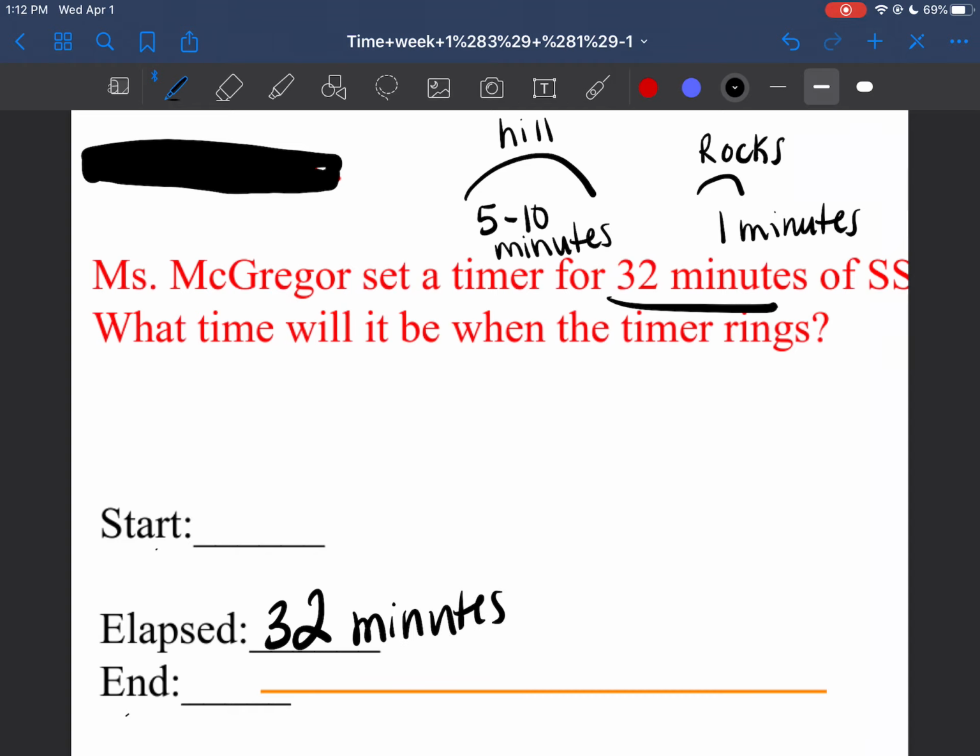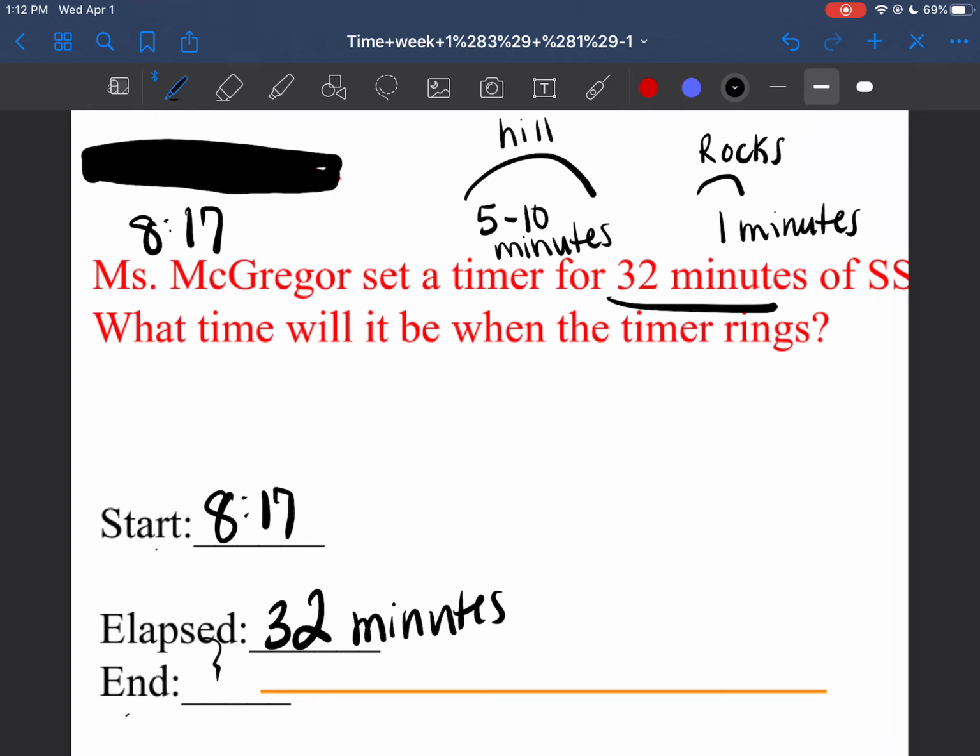For SSR time, we're going to say it's 8:17 when she sets it. So I just gave you that. When she sets the timer, it's 8:17. If she sets it for 32 minutes, what time will it be when the ringer goes off?